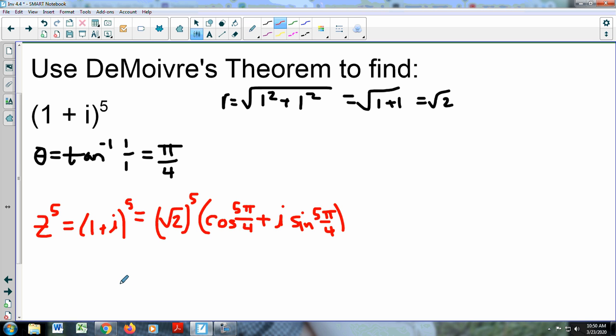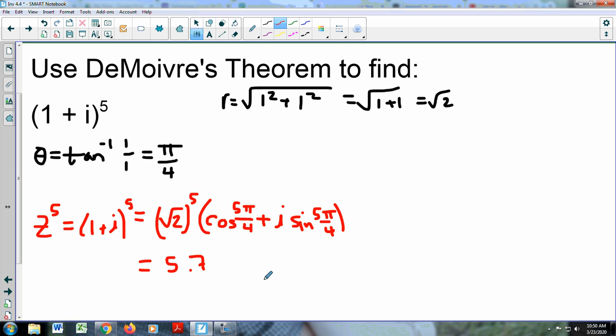Now, I had worked this problem out, but I had screwed up on my calculator. I had done everything to the 12th power for whatever reason from the last one. Square root of 2 to the 5th, this is 5.7. Cosine 5 pi divided by 4.